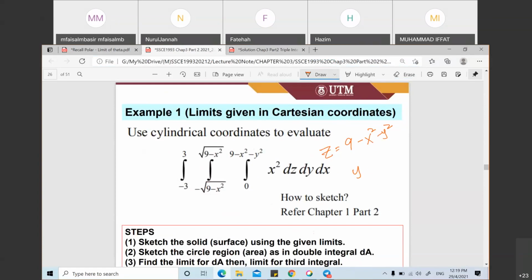And we have y equals plus minus square root of 9 minus x squared. If you square both sides, you have x squared plus y squared equals 9. And then x equals plus minus 3.